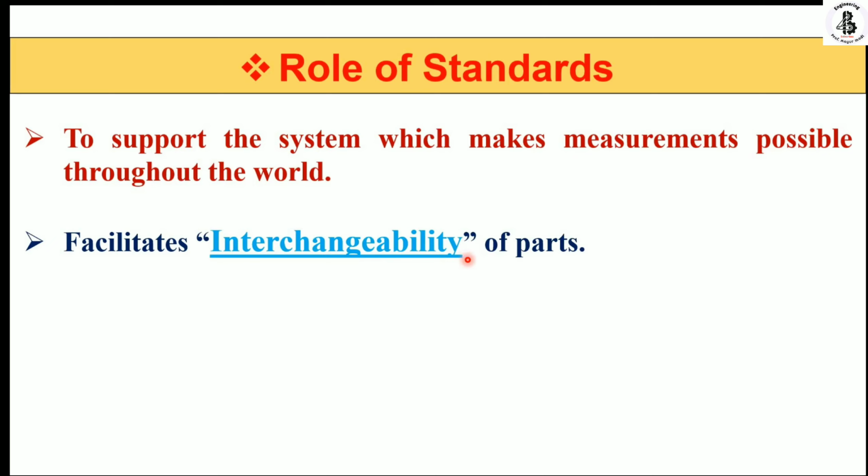Due to this, components manufactured at different locations by different organizations are easily assembled and work for the customers. So that is the basic role of standards in the field of measurement as well as production.